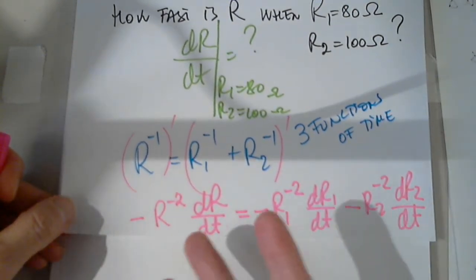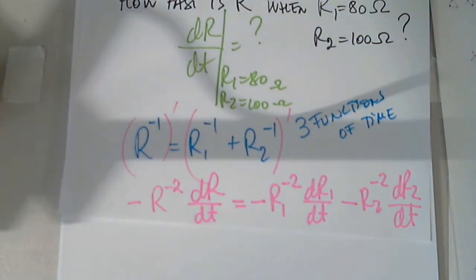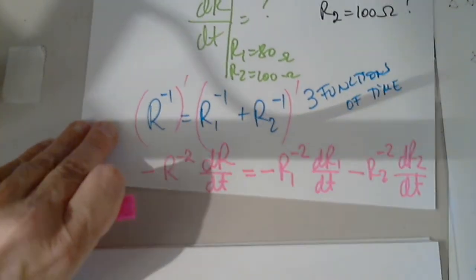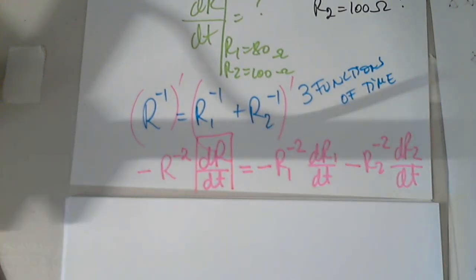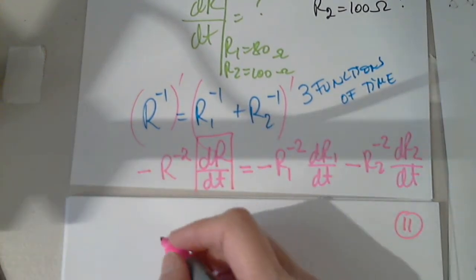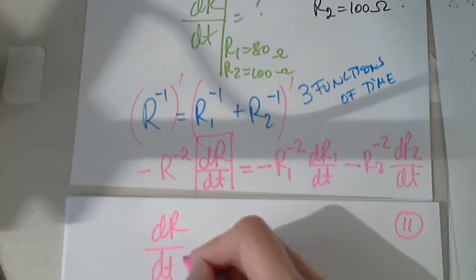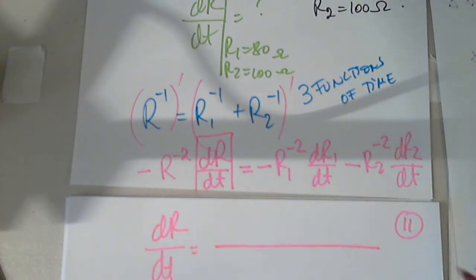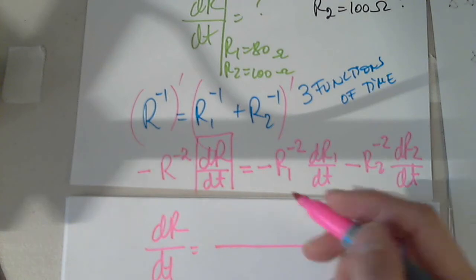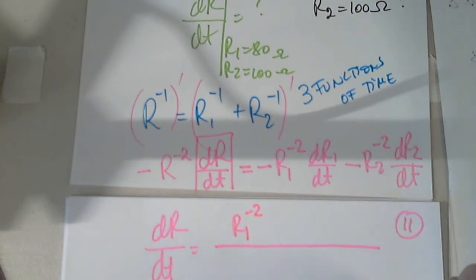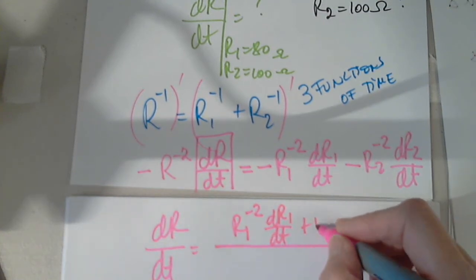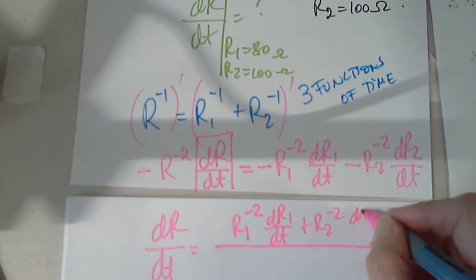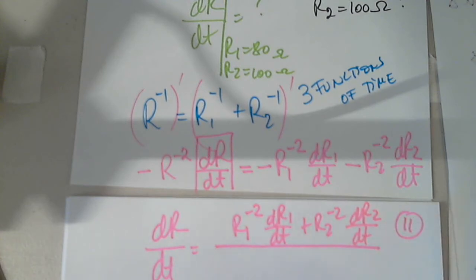Of course, I'm going to multiply everything by -1. They're all negative. And then this is what we are after. So dR over dt is R1 raised to -2 dR1 over dt plus R2 to -2 dR2 over dt, over R to -2.